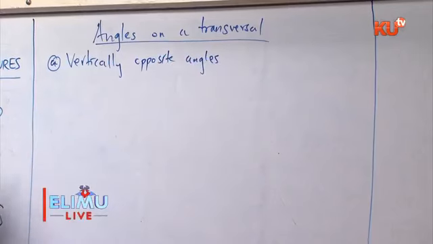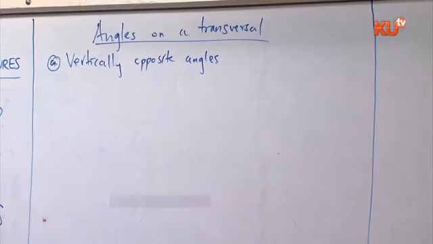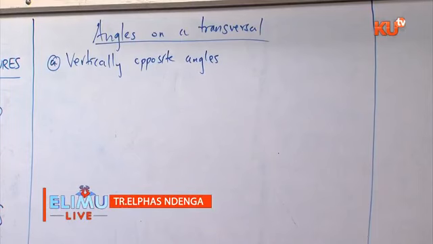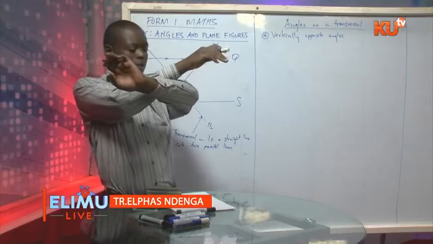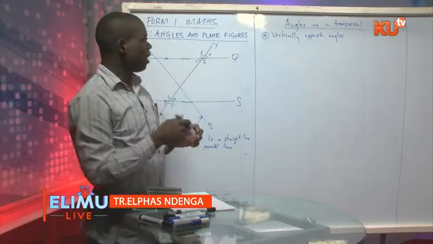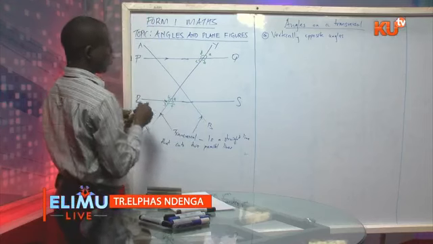Students, when you talk of vertically opposite angles, the simplest demonstration is when you take your hands and cross them. Then there is a set of angles that are formed, one at the top and one at the lower side. These are what we call vertically opposite angles.